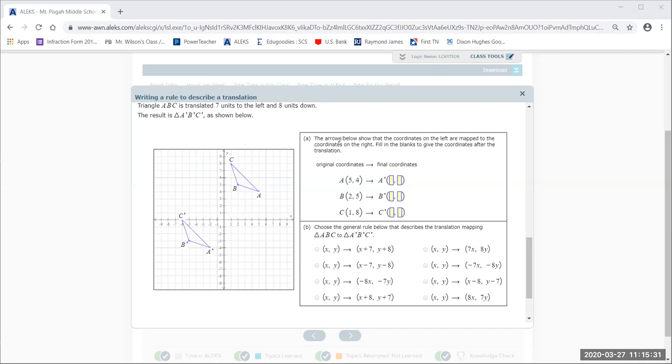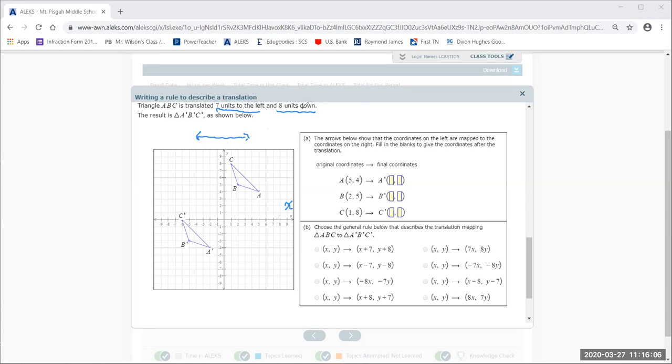The one thing you need to consider is, when it says 7 units to the left and 8 units down, if I'm moving in the left and right direction, what axis does that correspond to? What axis also moves left and right? The X. So this is my X down here.